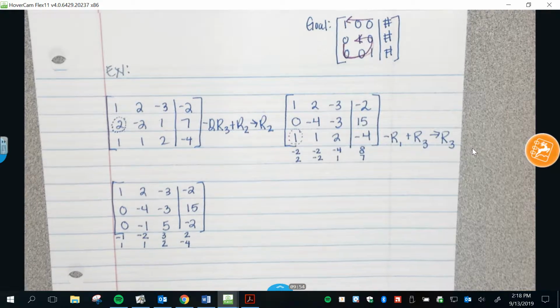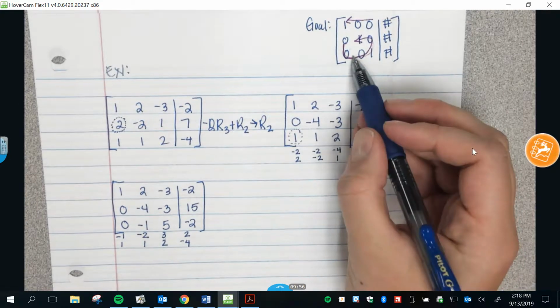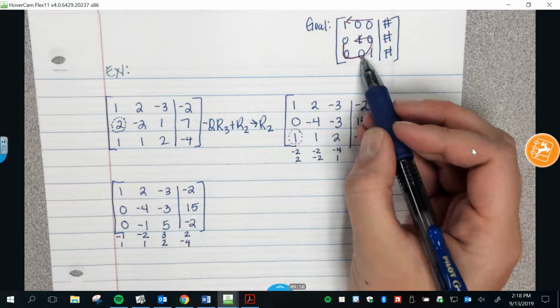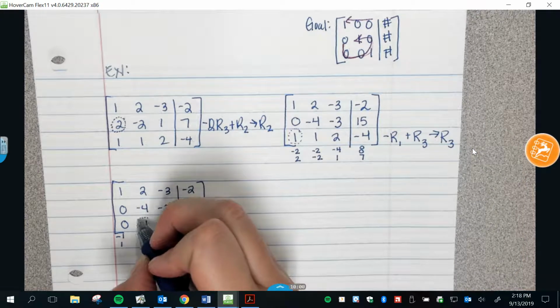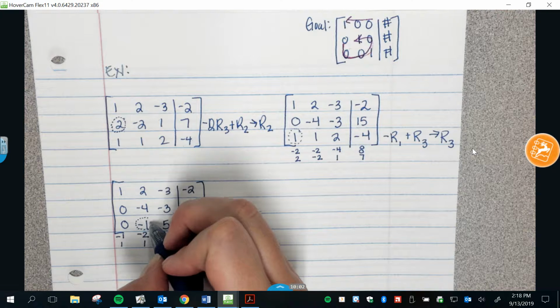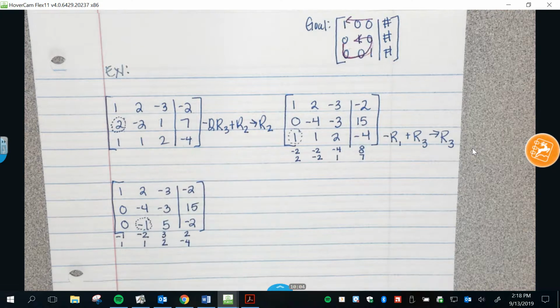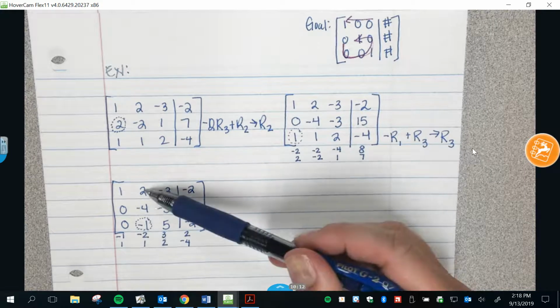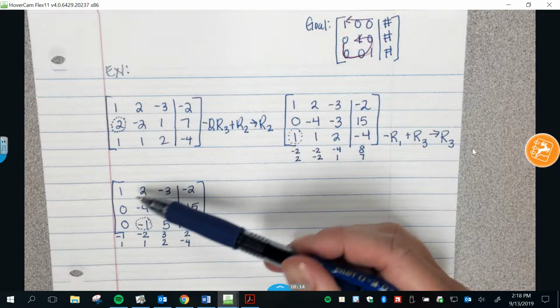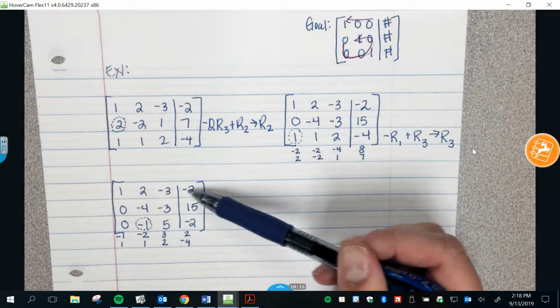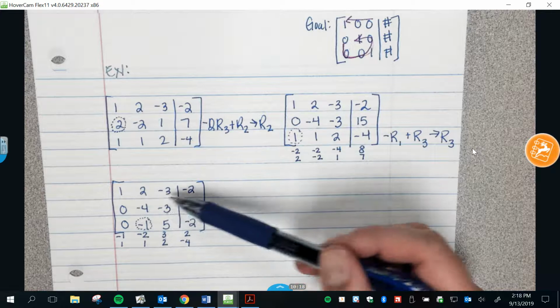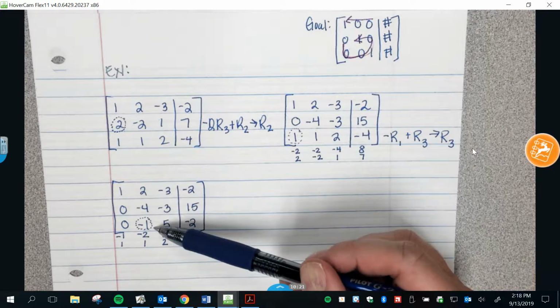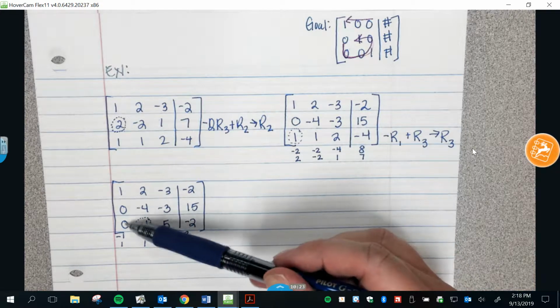Okay, moving along. Now I move on to this 0 right here, so that would be the number -1. Now let's think about what row I can use to help me eliminate this -1. It looks tempting to use this first row, but if I use this first row and somehow multiply it and combine it with this one, I'm going to end up putting a number here.